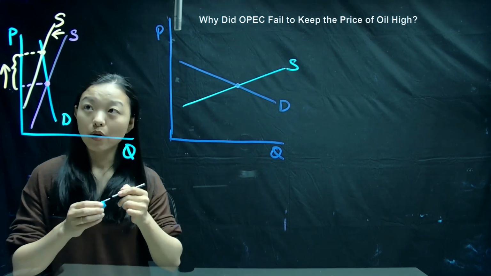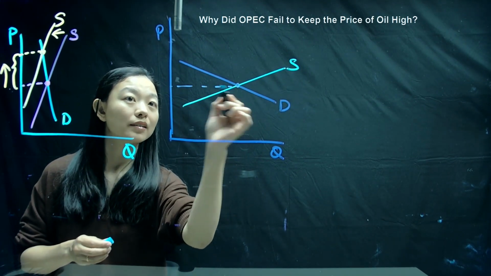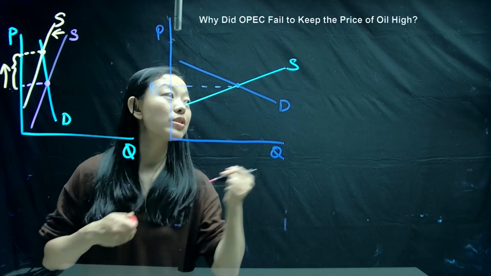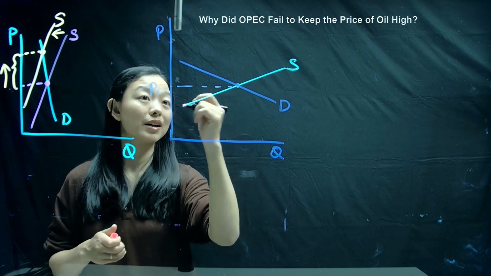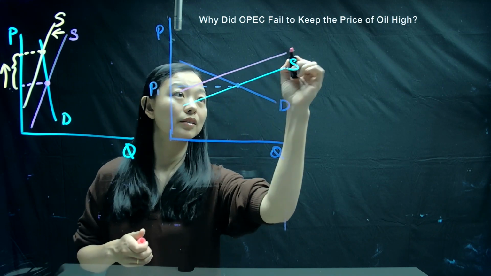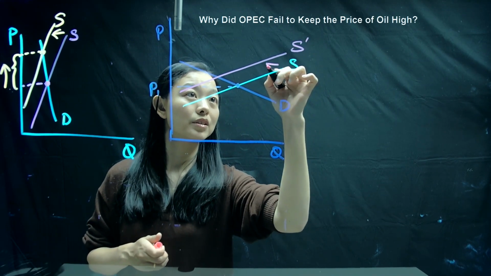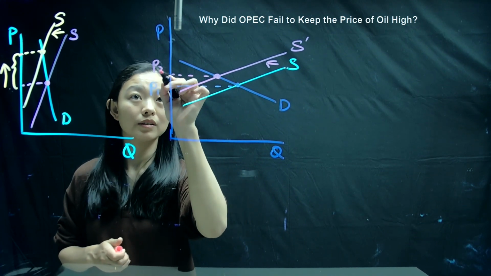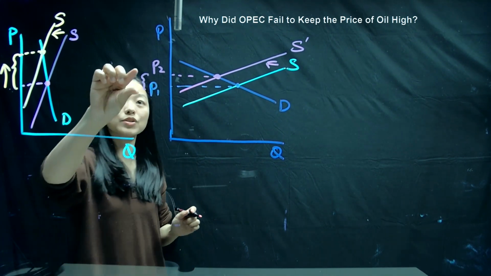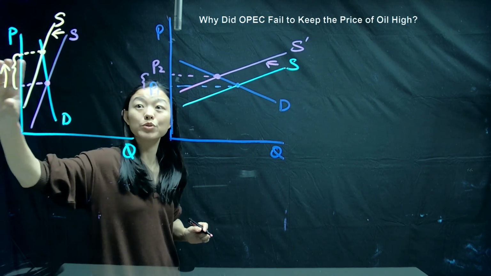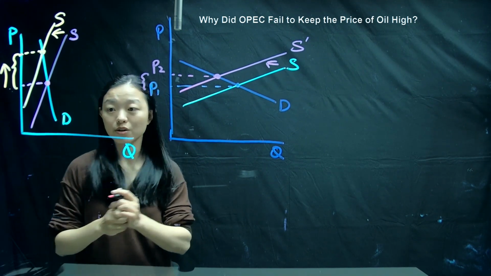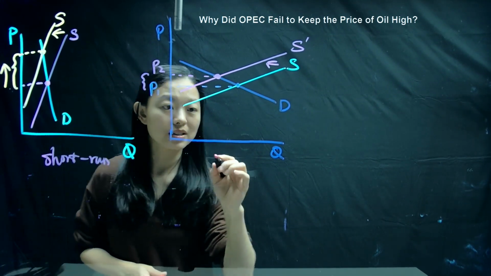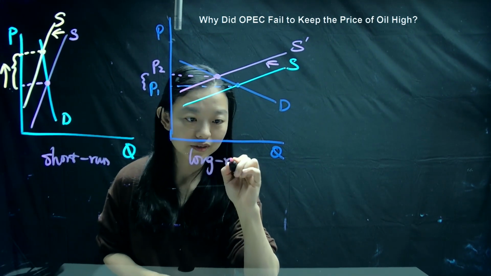Once OPEC cuts down the oil supply, it will still shift this supply curve to the left-hand side, right? Still shift to the left-hand side, but you can notice the price cannot increase dramatically as before. This is the short run, and this is what happens in the long run, right?